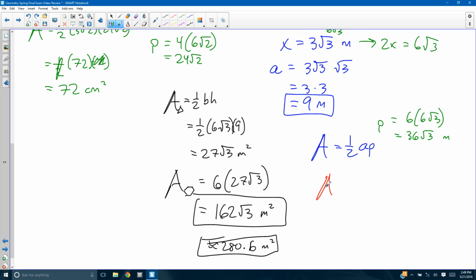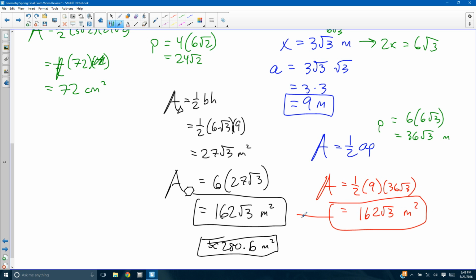Area equals 1/2 apothem times perimeter. Half of 36 is 18. 18 times 9 is double that of 9 times 9, so it's 162 root 3 square meters. Once again, back to where we were.